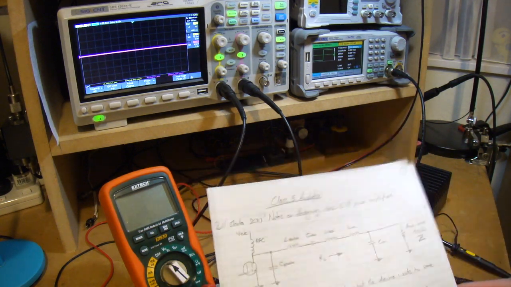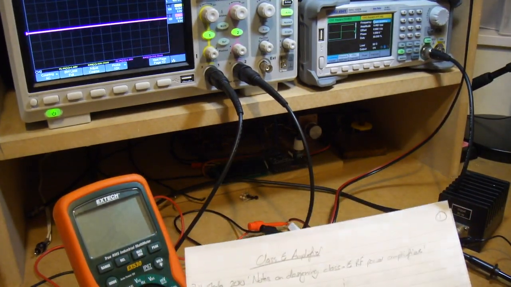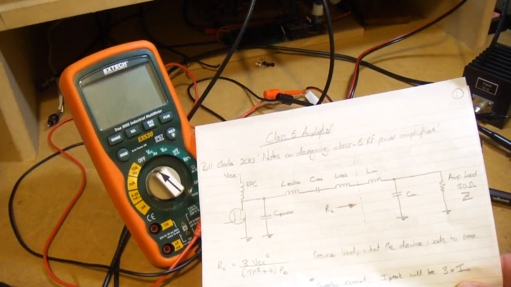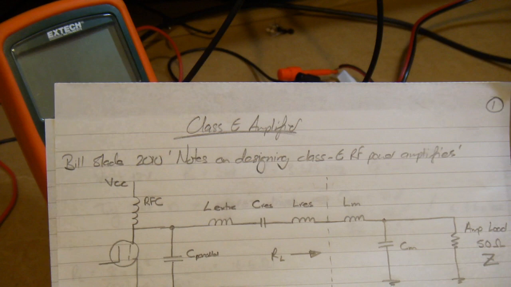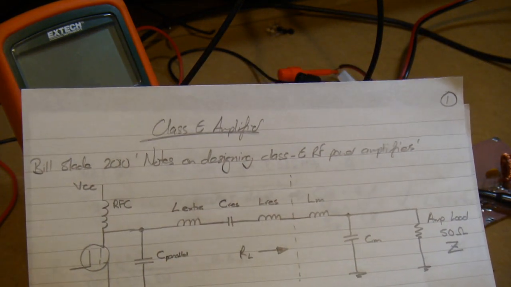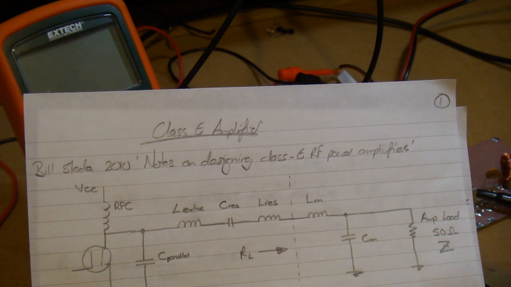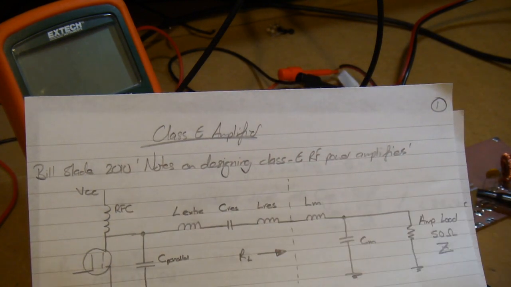But this is another interesting paper that I came across. So I might just put that camera down just a little bit there. So this was a paper from a guy called Bill Slade back in 2010, called Notes on Designing a Class E Amplifier, or Class E RF Power Amplifiers. If you search it on Google, you'll find it.